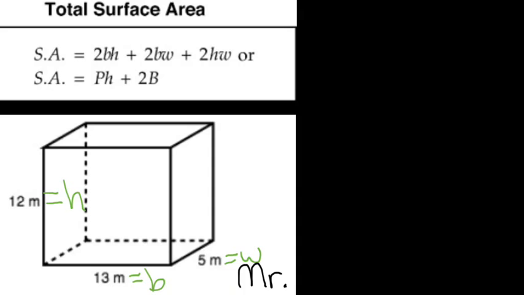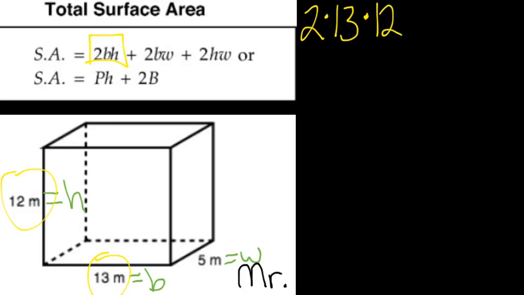So it would be, 2 times base times width is going to be 2 times 13 times, base times height, 13 times 12. So that first number, this is the shortcut, is just writing the 3 numbers, is 2 times 13 times 12, equals 312.